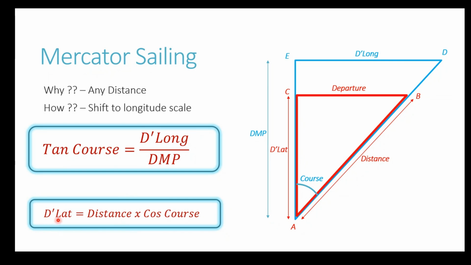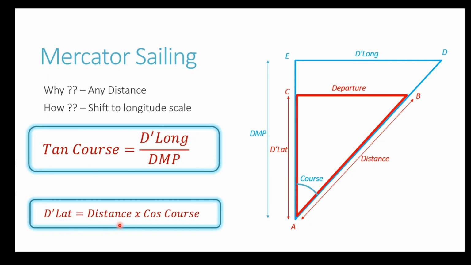What is present on our chart is either the D lat or the D long. So principally, we do not use the departure formula for calculating the distance. Mathematically, that's correct. It will give you correct answers, but fundamentally, always use the D lat formula for calculating the distance using Mercator sailing.